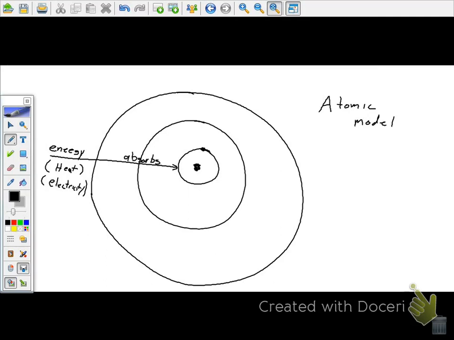And then what happens, these are different levels the electrons can be at. So this would be like level 1. This is like level 2 and level 3. Now, it can't exist in between the two levels.